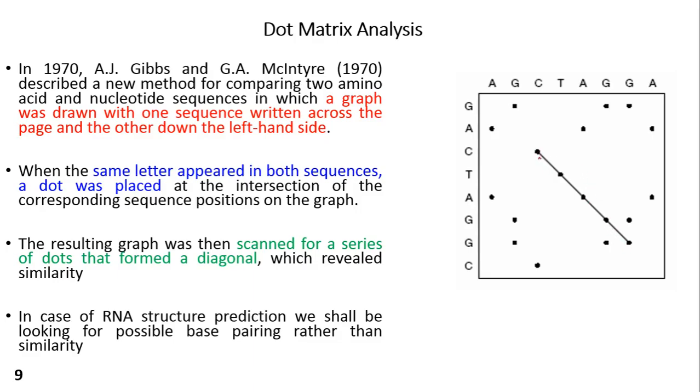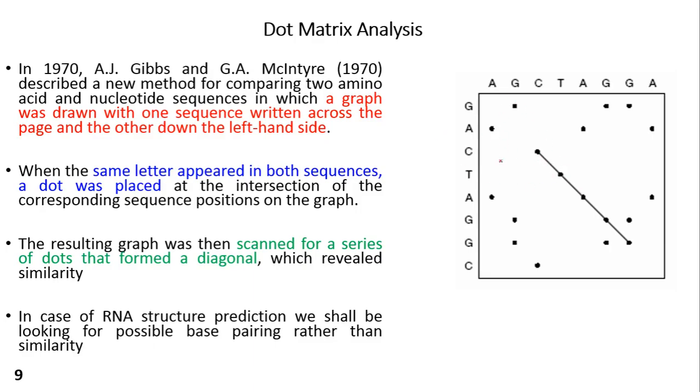Now in this case we have placed a dot wherever there is similarity or identity, but we can implement the same concept for our RNA secondary structure, and in that case wherever there is possibility of base pairing, we would place a dot at that intersection and then scan for diagonals that would indicate the base pairing.